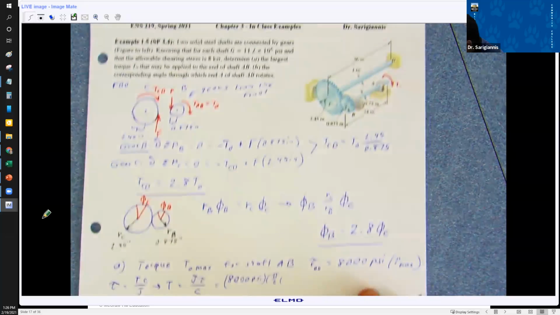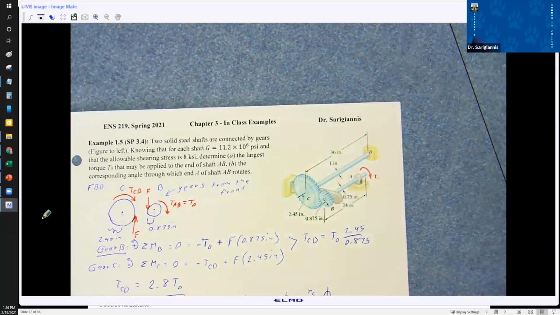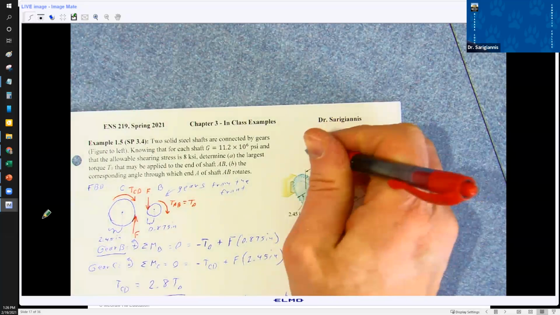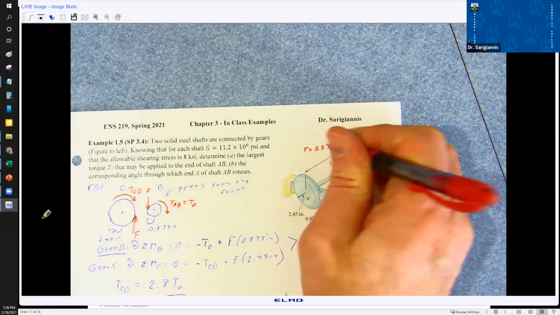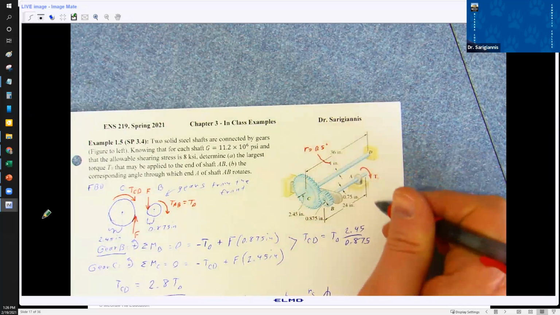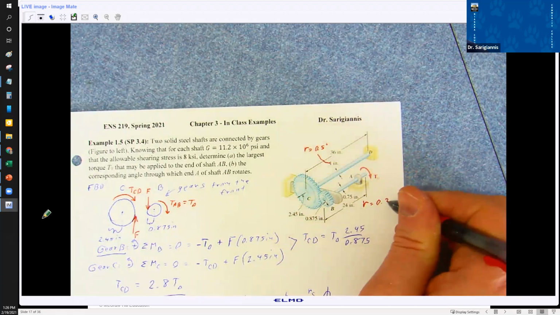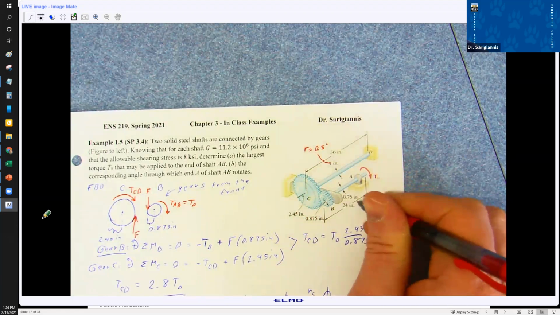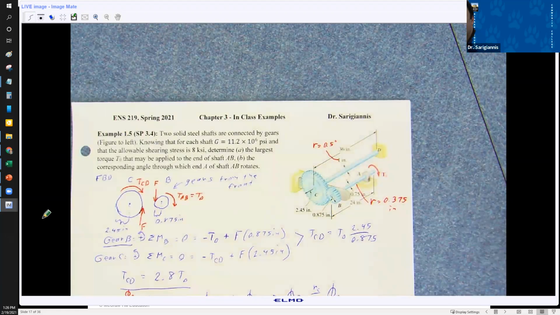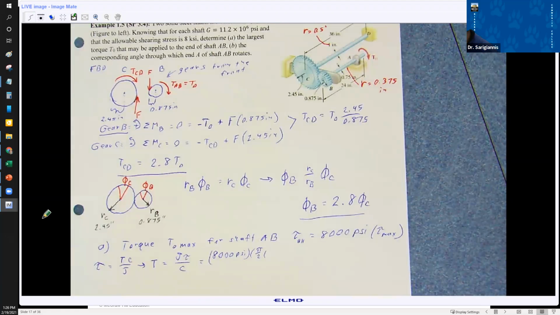The radius of these is half of the diameters.